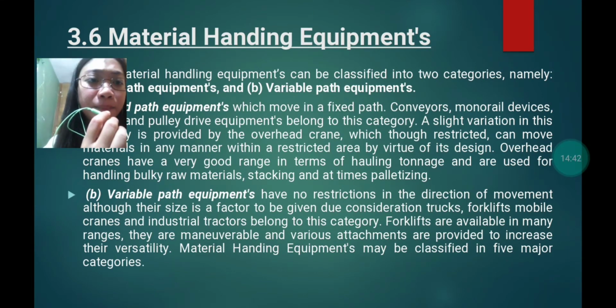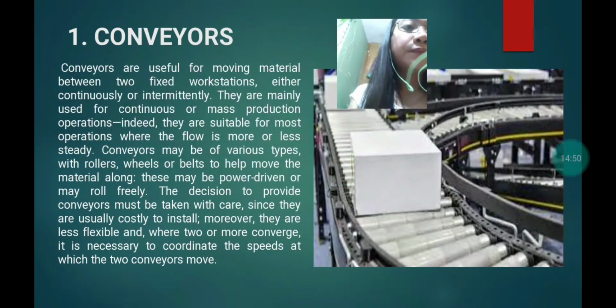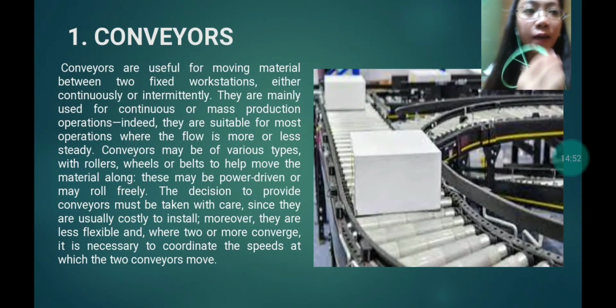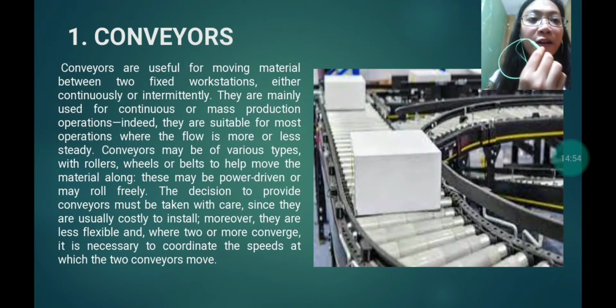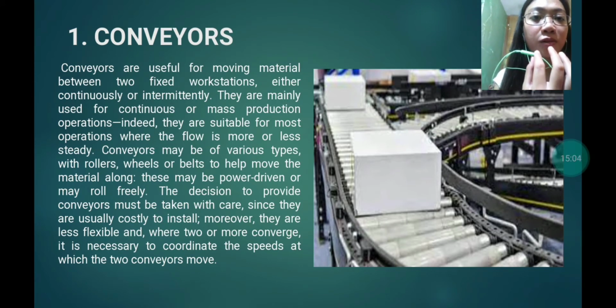Material handling equipments may be classified in 5 major categories. First, we have conveyors. Conveyors are useful for moving material between two fixed workstations, either continuously or intermittently.